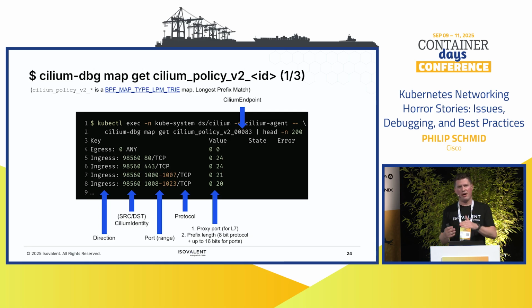Now, if it had, in addition, filtering for specific domains or specific HTTP verbs or HTTP endpoints, we would see a proxy port there, which is listening on the Cilium DNS proxy or the Cilium Envoy proxy, depending on what kind of filtering you configured in the policy.